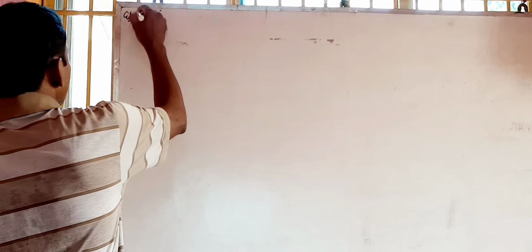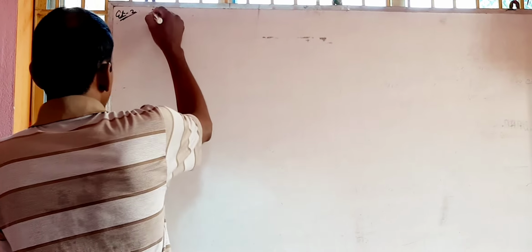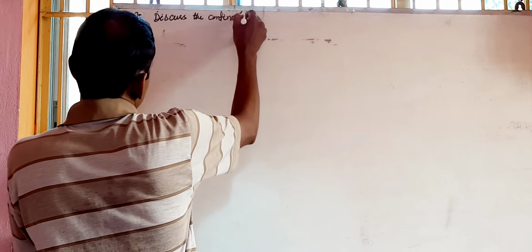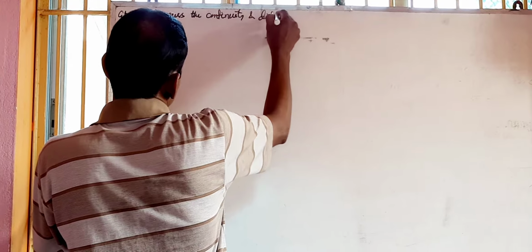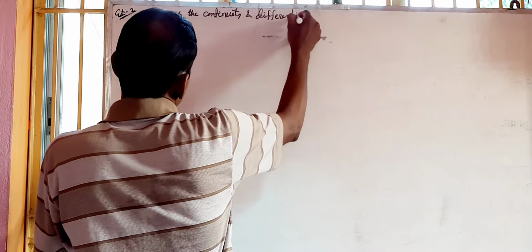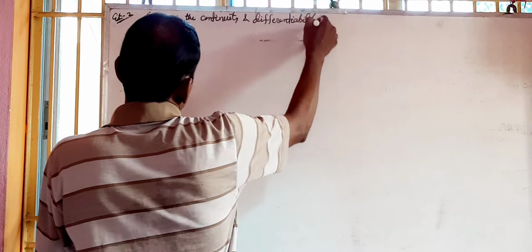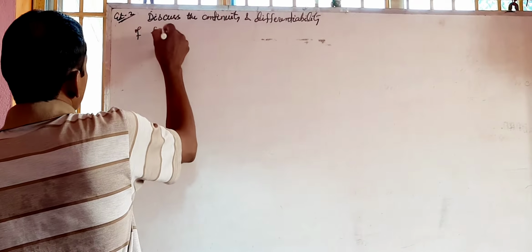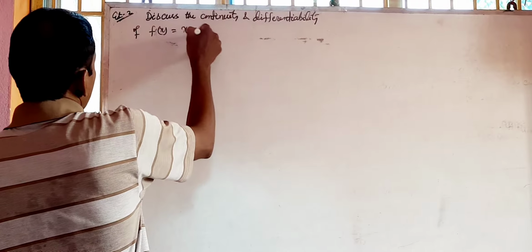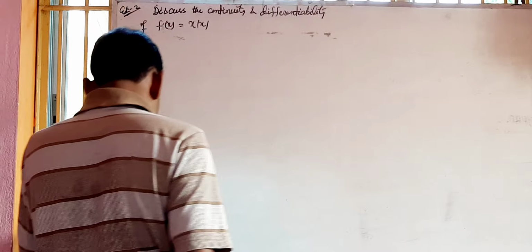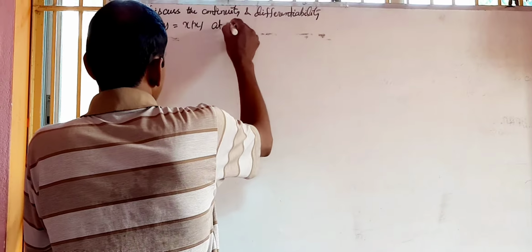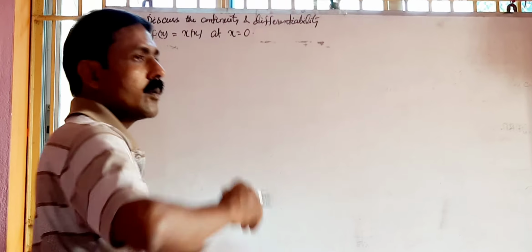Now let us solve a few examples based on continuity and differentiability. Here we have example 1 and example 2. The question is: discuss the continuity and differentiability of f of x equal to x mod x at x equal to 0.